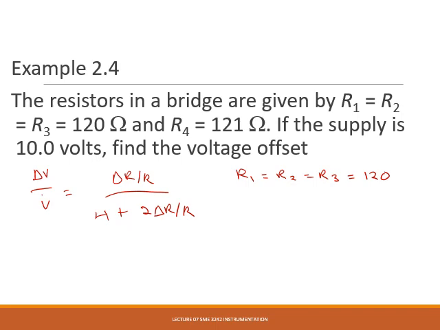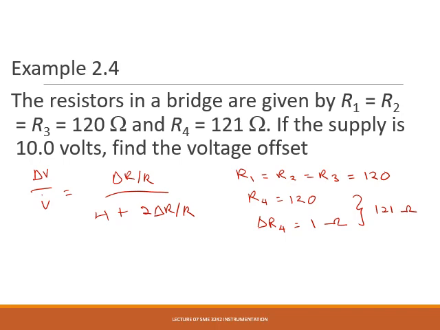And if we consider R4 is our sensor, we may consider that R4 is also 120, but is now changed with some change of resistance, 1 ohm. That's why it becomes 121 ohm.